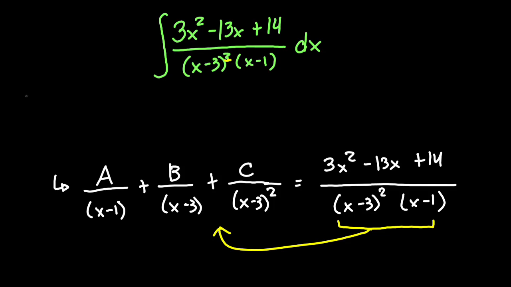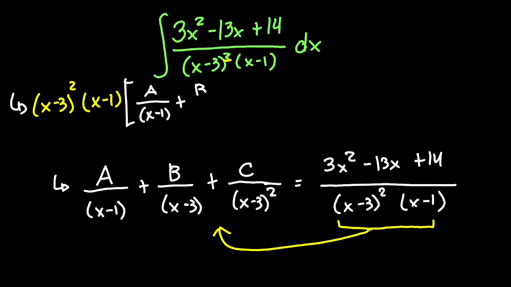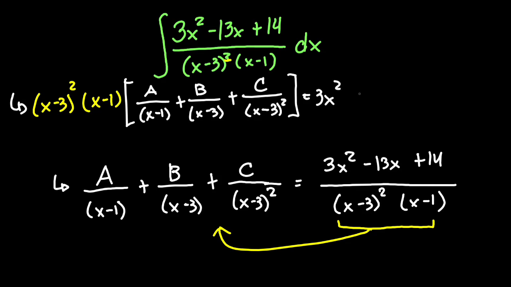So this would be x minus 3 squared multiplied by x minus 1. And so multiply it on all these given values. And so copy what's the rest here, which is simply 3x squared minus 13x plus 14.